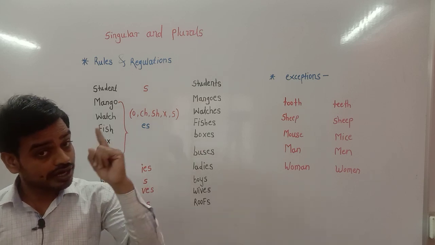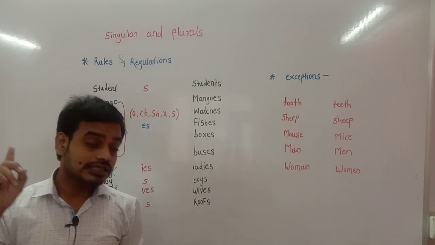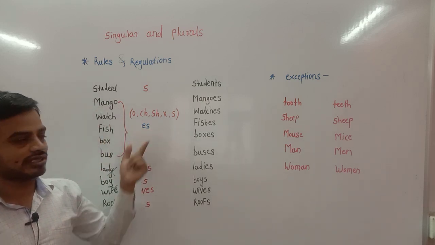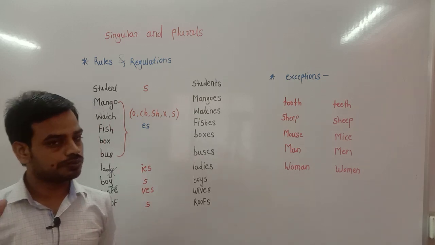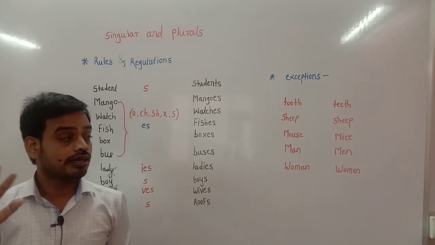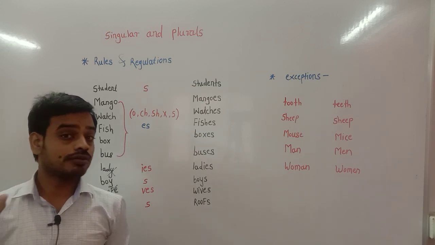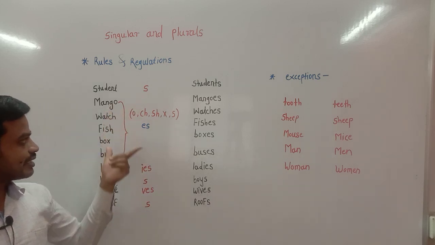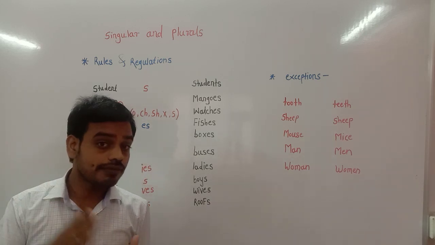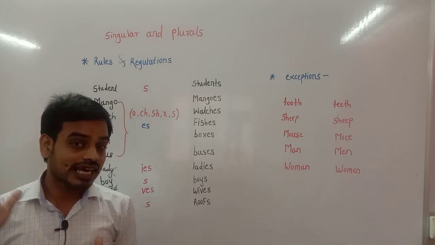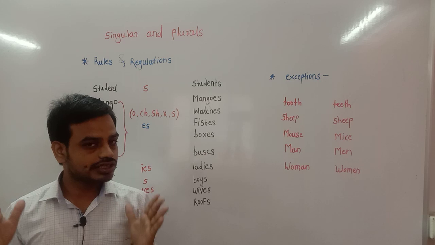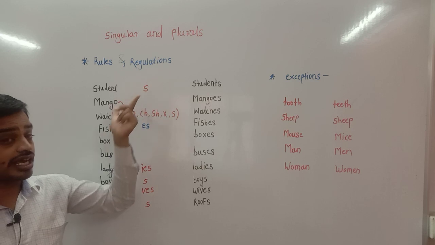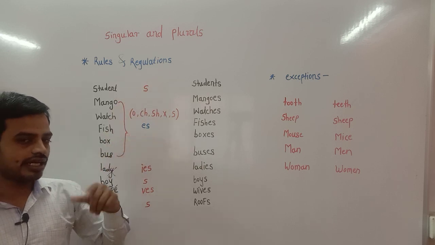Such as mango, mangoes; bus, buses; fish, fishes; watch, watches; box, boxes; ox, oxes. So if a word ends with O, CH, SH, X or S, then generally we use ES. So the first rule is to add only S, the second rule is to use ES.